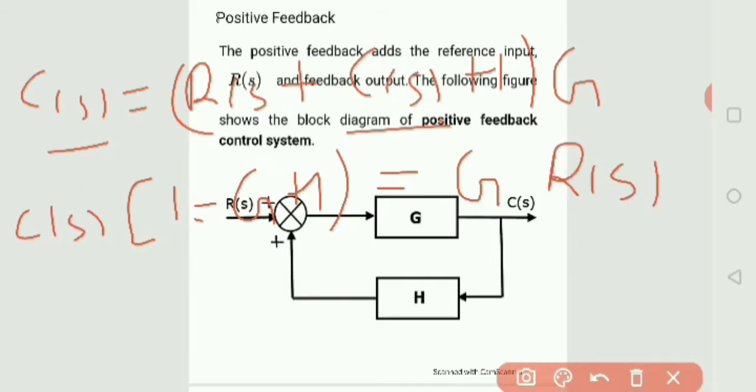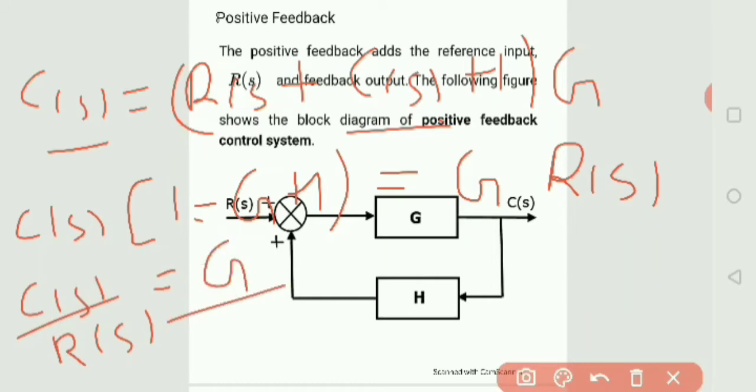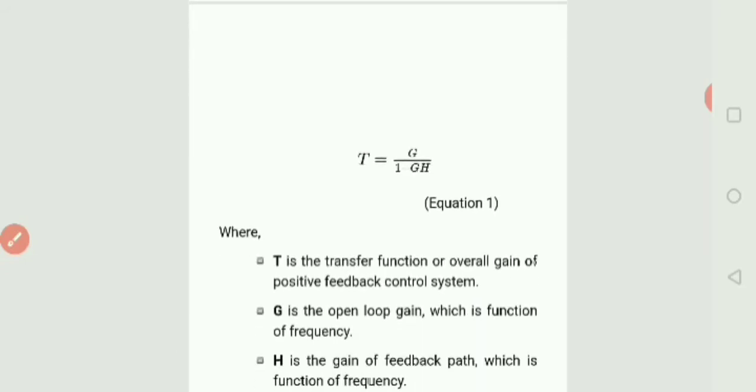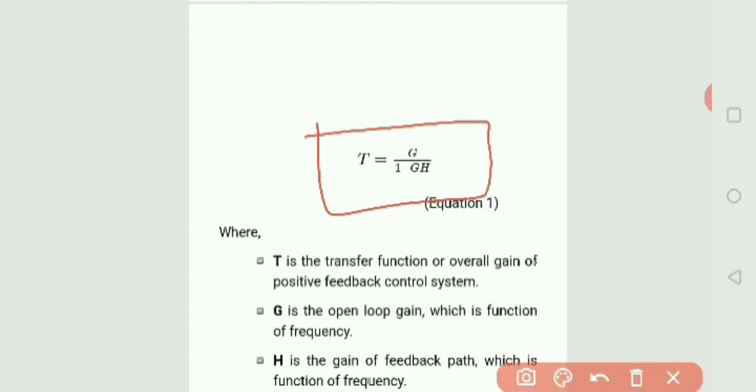We can say here C(S) upon R(S) equals G over 1 minus GH. G is the gain and H is the feedback signal. So by this, the transfer function is equal to G upon 1 minus GH.